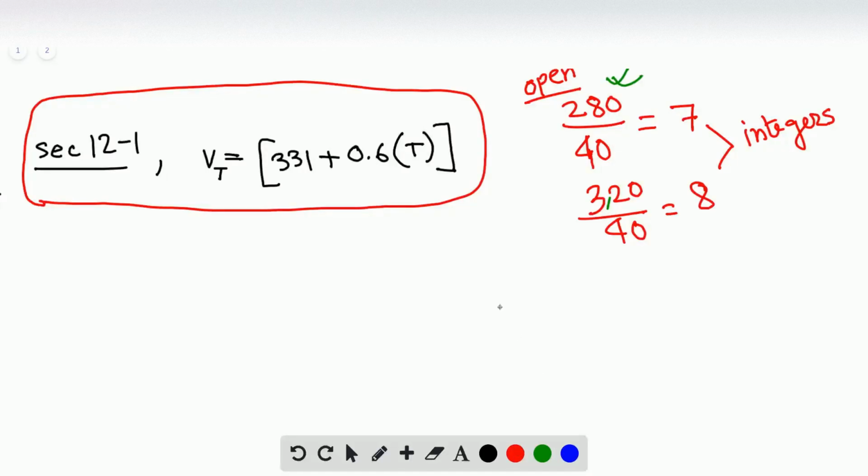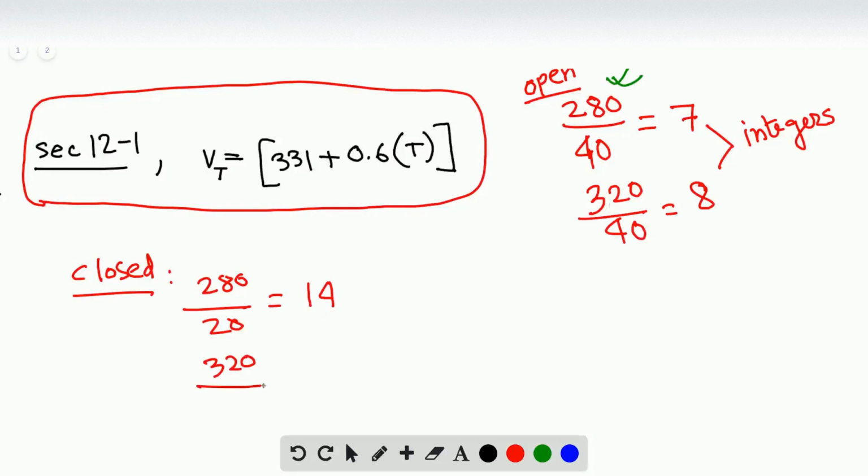Now let's see if it satisfies the closed pipe condition or not. For a closed pipe, if we divide 280 by 20, we get 14, and if we divide 320 by 20, we get 16. As you can see, these are not successive, and they are even numbers.